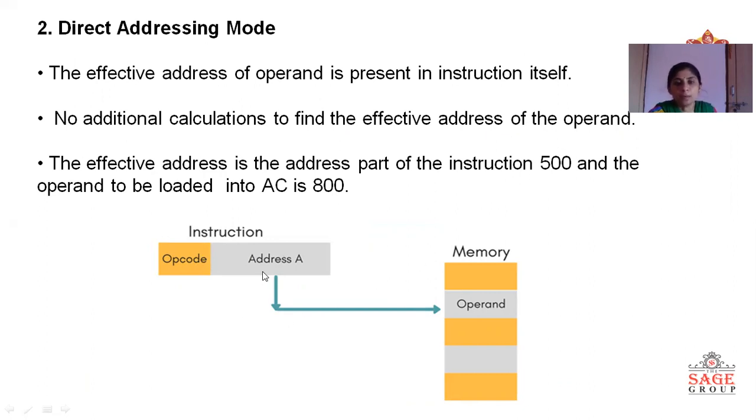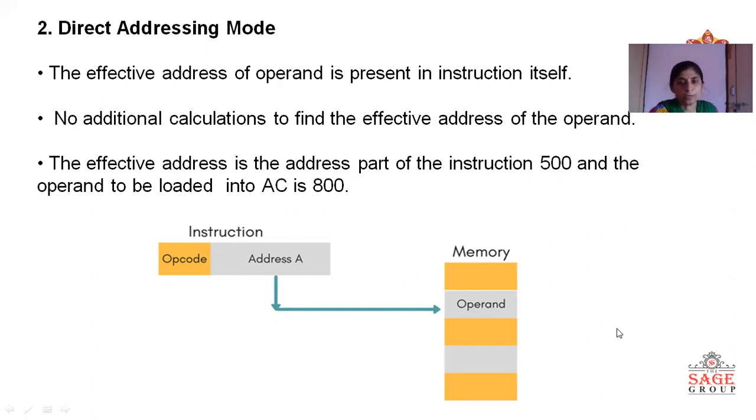For example, in the instruction there is only the opcode and the effective address of that operand, and we have to go to the memory, and at that effective address we can take the operand, which will be loaded into the accumulator. In this example, if the effective address is 500, the memory at 500 holds 800, which is the operand, and it will be loaded into the accumulator.